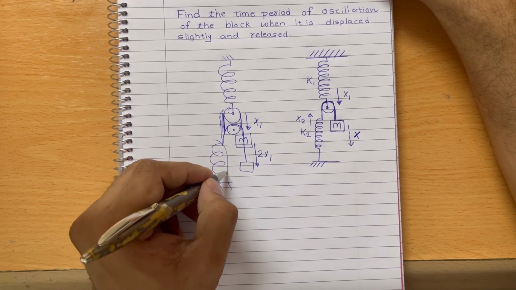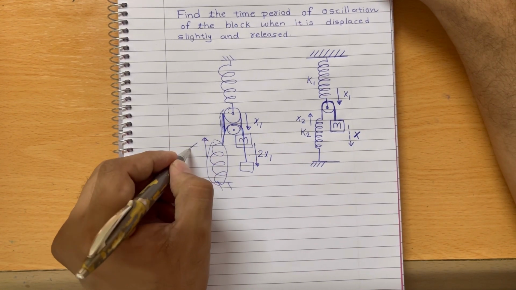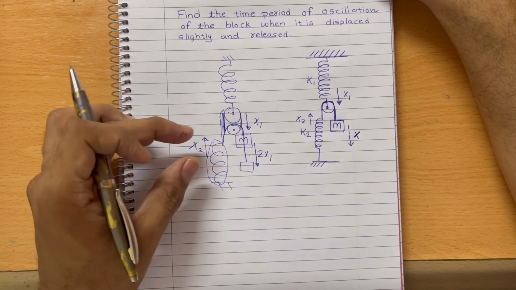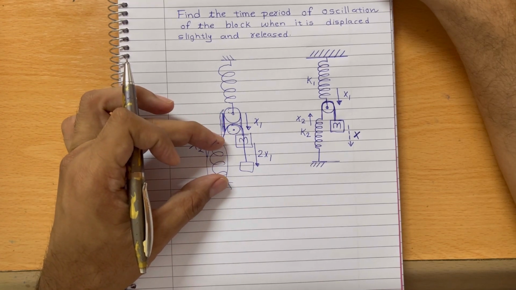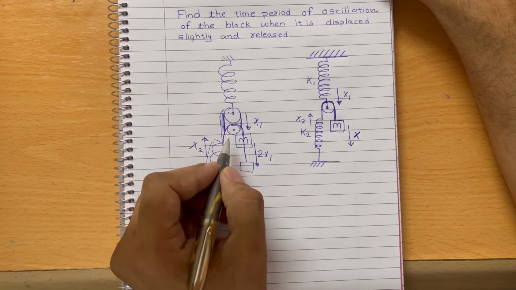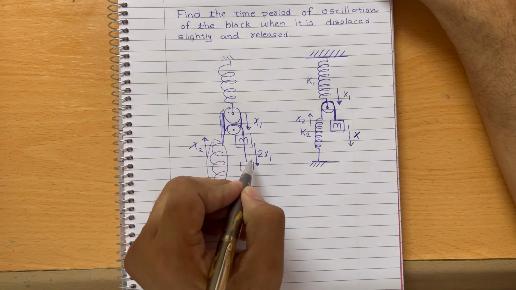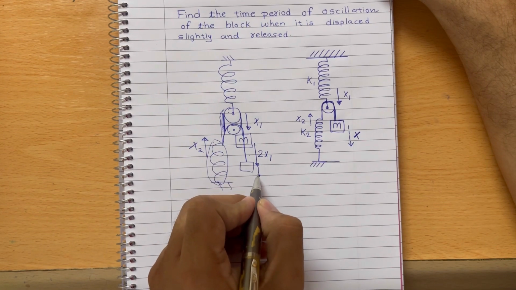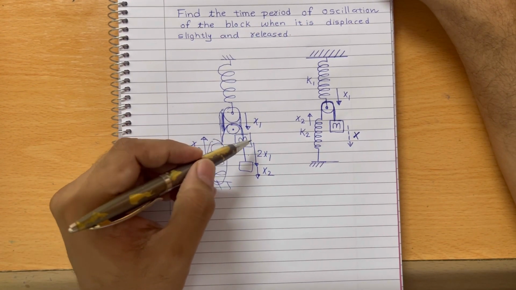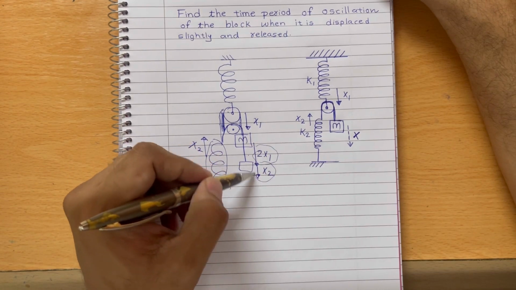Also now see this spring. This spring stretches by x2. Because this spring stretches by x2, the length of the spring will increase by x2. So because of that, the string will shift here on the right side by x2. So overall the displacement of this block should be 2x1 plus x2.